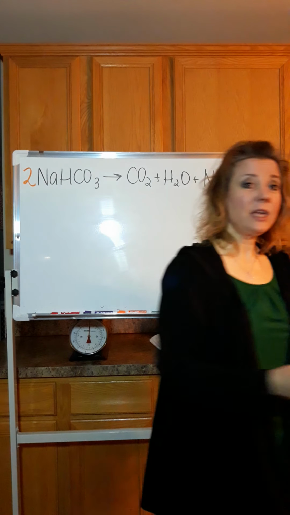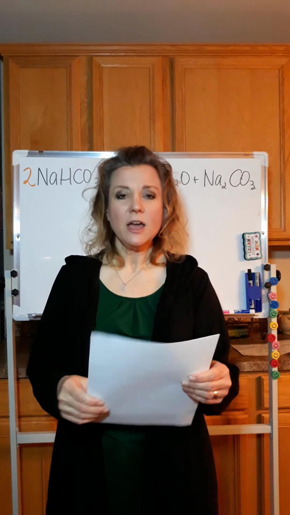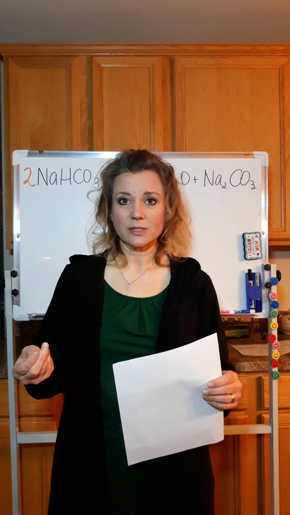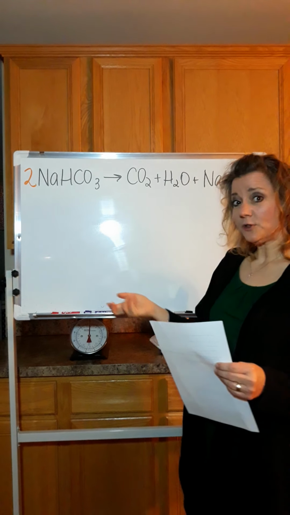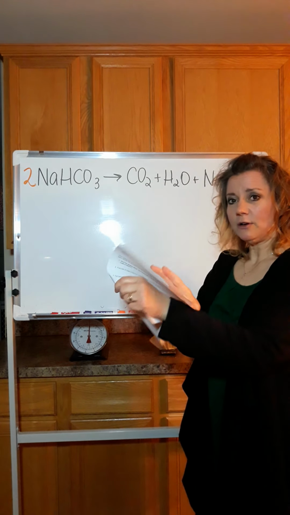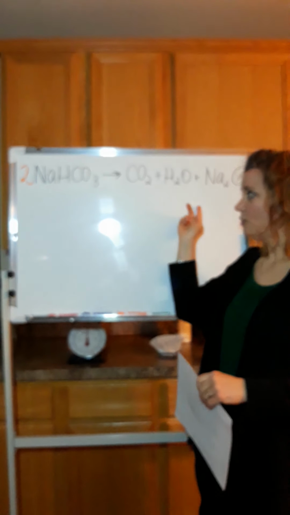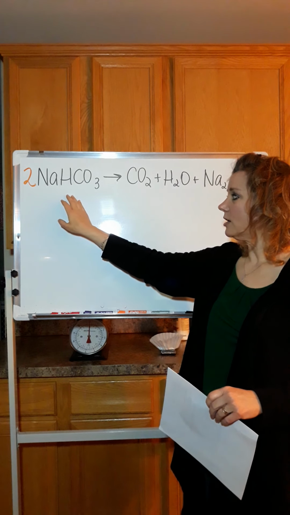Okay. So hopefully you're back and you've got all of your materials handy. What we're going to do to study stoichiometry is the decomposition of baking soda, and that's what I have here on my whiteboard. So after the first paragraph on your handout, Fun with Baking Soda, you should write out this balanced equation. We have 2 moles of sodium bicarbonate.